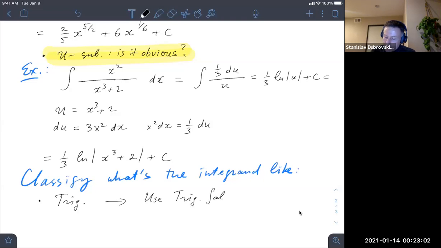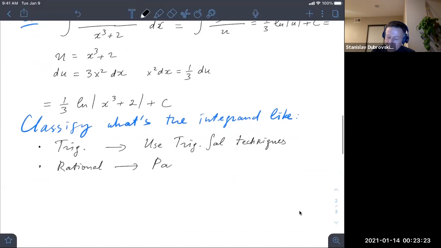They allow you to deal with product of sines and cosines or secants and tangents. Then if it is a ratio, so maybe it's a rational function, then we would use partial fractions technique.